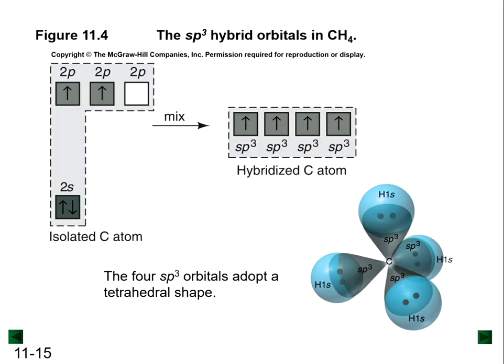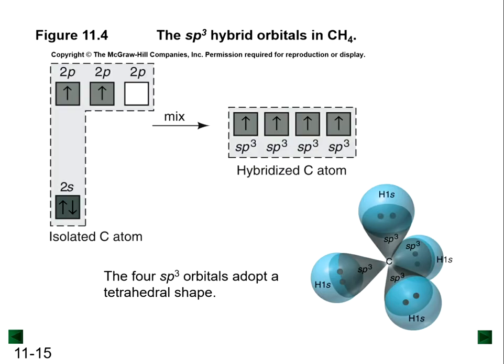Then the 4 sp3 orbitals adopt a tetrahedral shape. They go to the corners of a tetrahedron. Carbon in methane has a valence configuration of 2s2, 2p2. So we have 4 valence electrons from carbon.